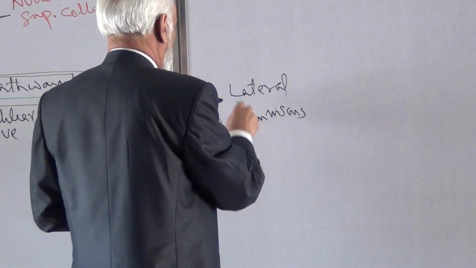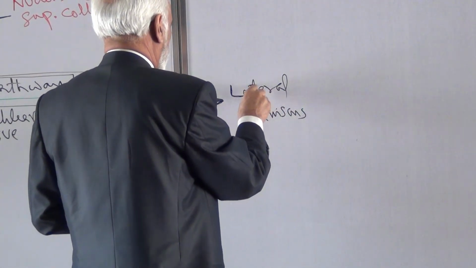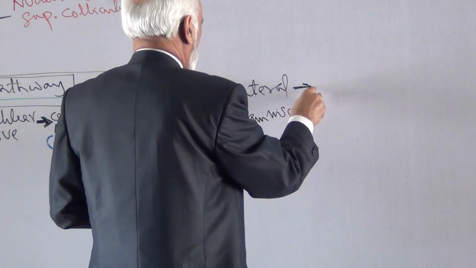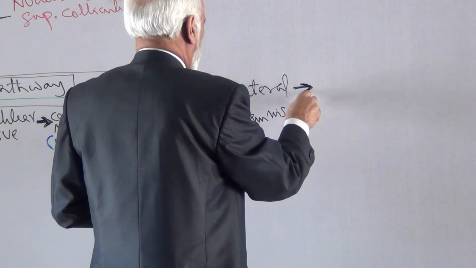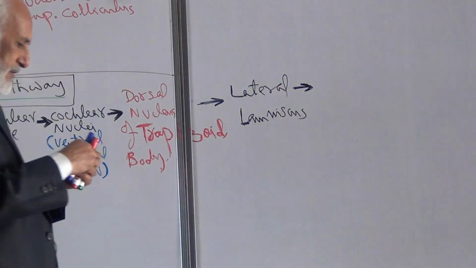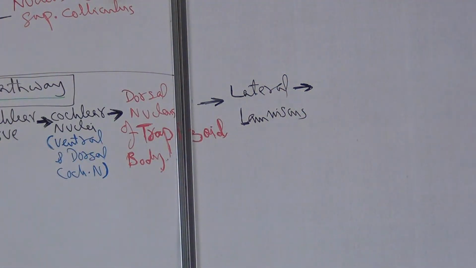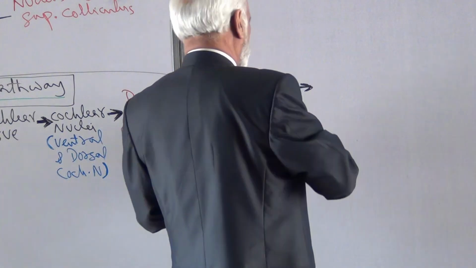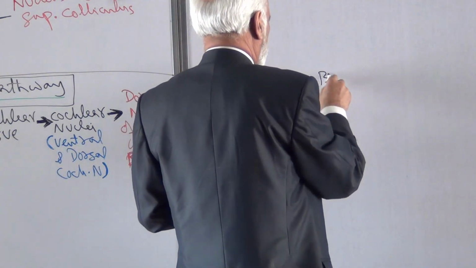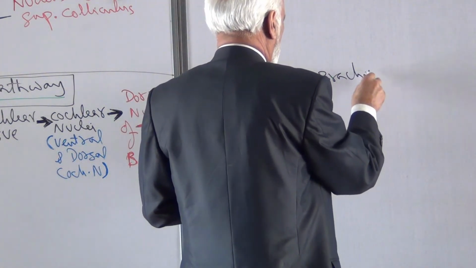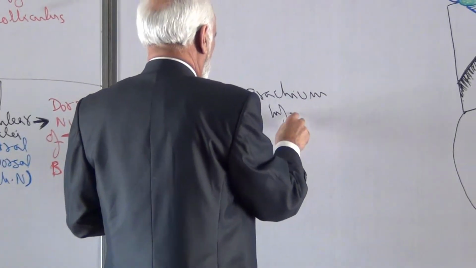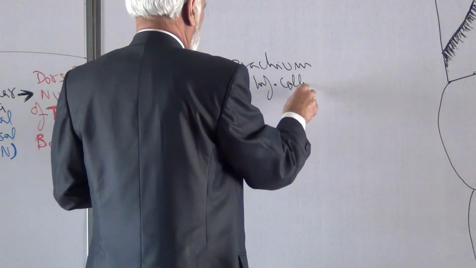Now the fibers for the auditory pathway enter into the brachium of inferior colliculus.